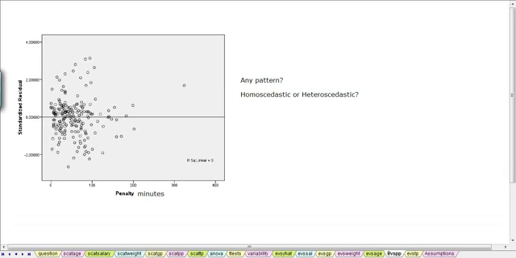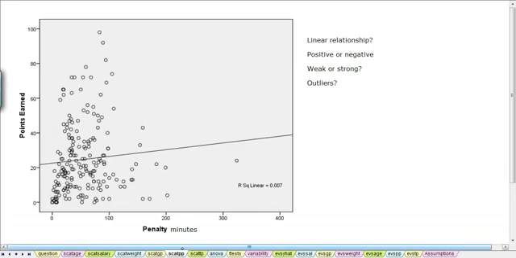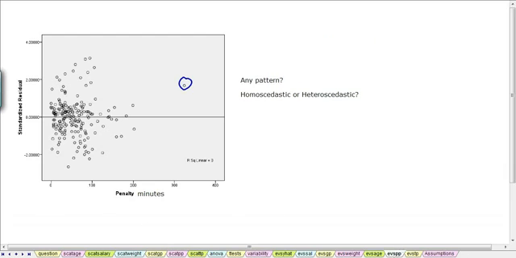In the penalty minutes, we see that there is definitely an outlier. So remember, in the original scatter plots, when we examined the scatter plot for the penalty minutes with the points earned, back in the first video when we were looking at these scatter plots, that was an outlier, and that outlier has now shown up here. So there's definitely one outlier that if we were actually building this model and trying to fine-tune it, we would investigate this particular player.